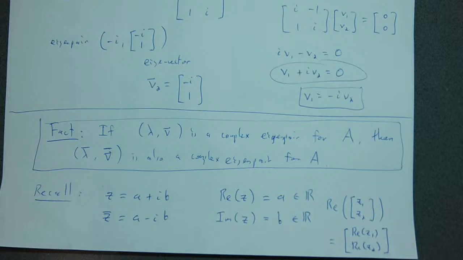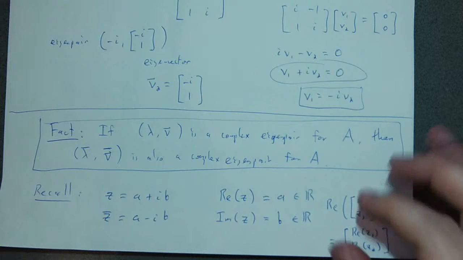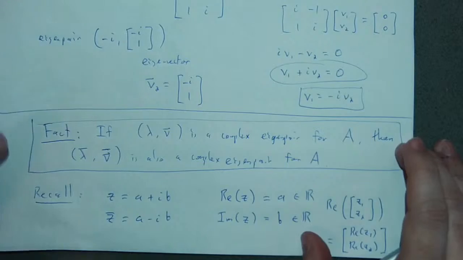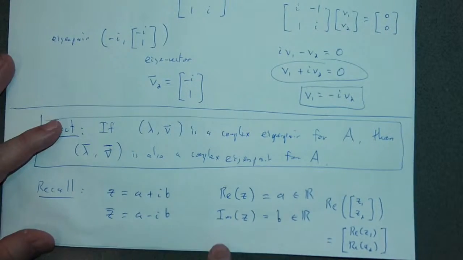And so the real part of a vector that has complex entries is a vector that has nothing but real entries. What is the conjugate of a vector of complex numbers? It's the conjugate of every element. Okay, that's a good question.